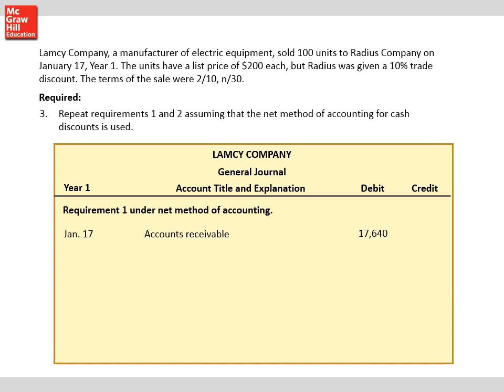They'll subtract out the $360 as well and credit sales revenue for that dollar amount. Now, if Radius pays within the discount time, our assumption was right at Lamsey. Debit cash for the $17,640, credit accounts receivable, $17,640. But what if Radius pays the bill in February?